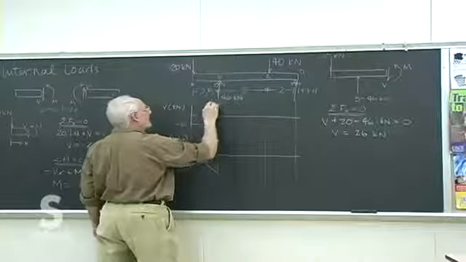And then we're able to finish our moment diagram. Remember, the slope is V at any spot in the same place. So it's 26 there, minus 14.